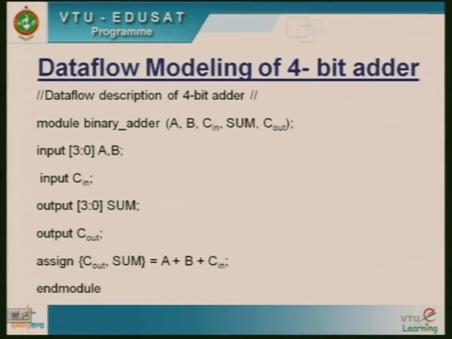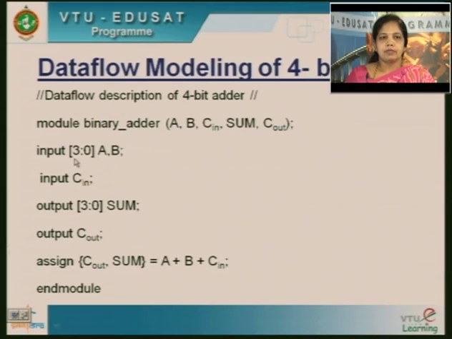So 3:0 represents 4 bits of A and 4 bits of B. You can just see here 3:0 A, B, declared in brackets. We have input C in, carry in, and the output sum will be 4 bits, 3:0, and output C out.